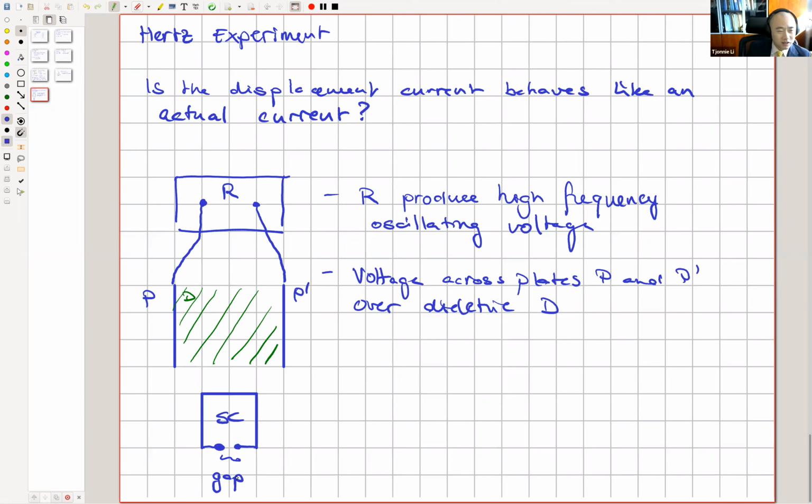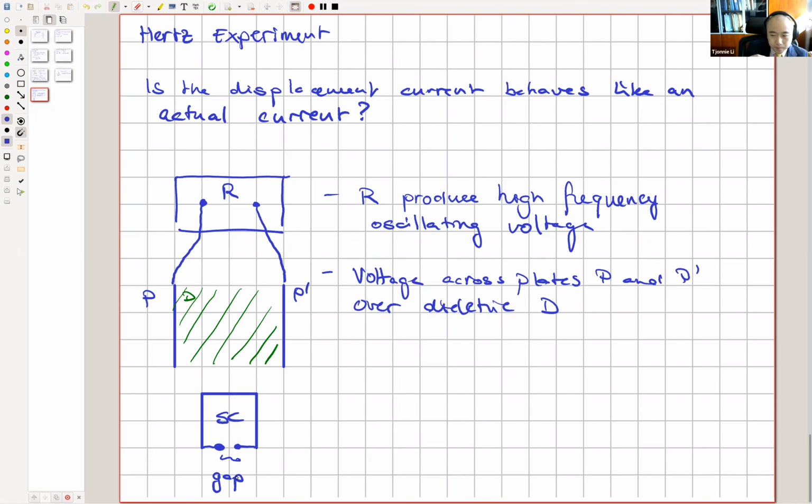Okay, anyone wanting to take a guess? Jeffrey's saying oscillating voltage. You mean oscillating voltage in a secondary circuit?